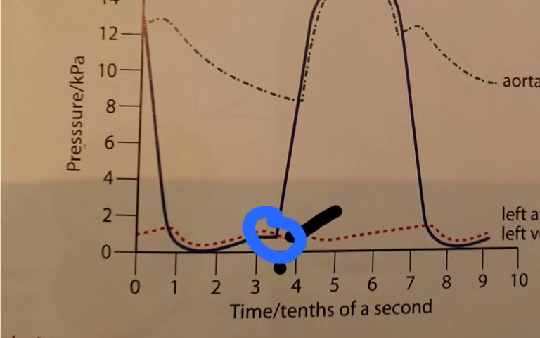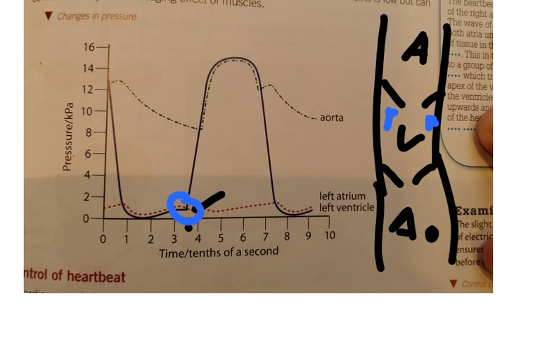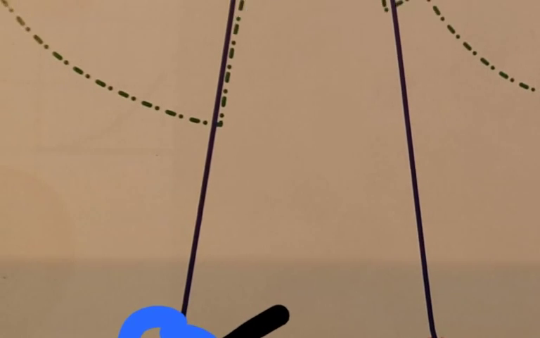Now then, obviously this valve has been pushed closed, and then the pressure is going to increase and increase and increase. And when can blood leave the ventricle? When the pressure is greater in the ventricle than the aorta.